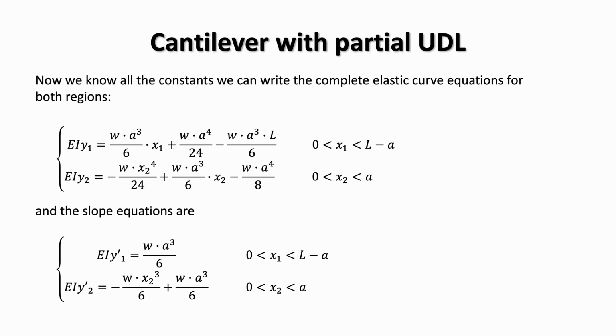At this stage, the cantilever response is fully defined, and we can evaluate slope and deflection at any required location. All we need to do is determine if that location is in region 1 or in region 2 and use the appropriate x1 or x2 and substitute that into the slope or the deflection equation.